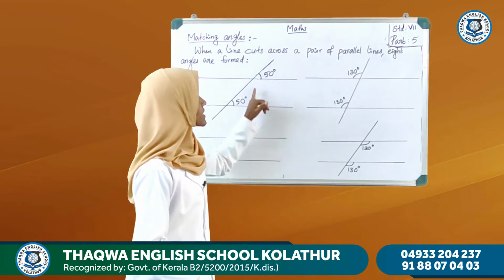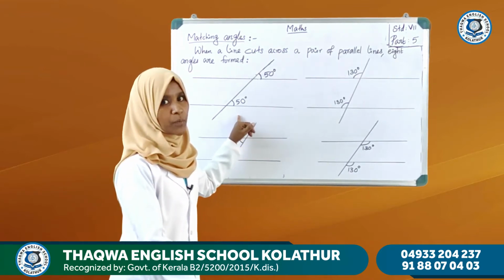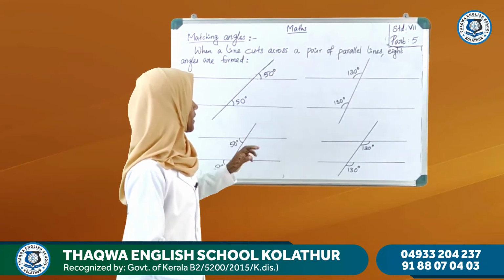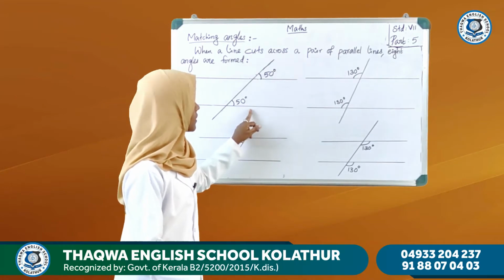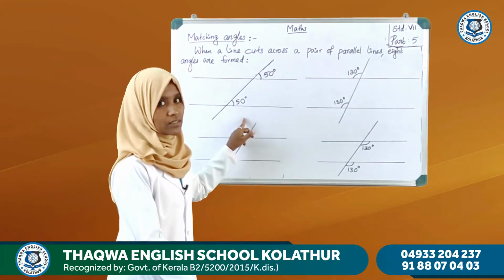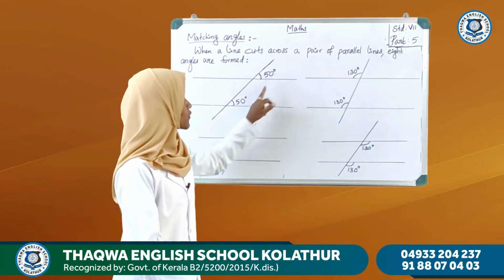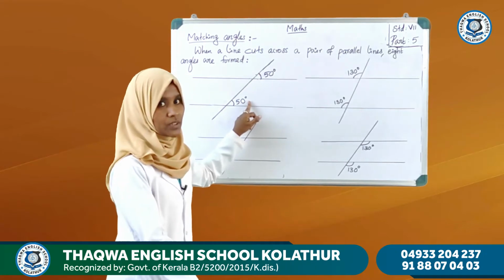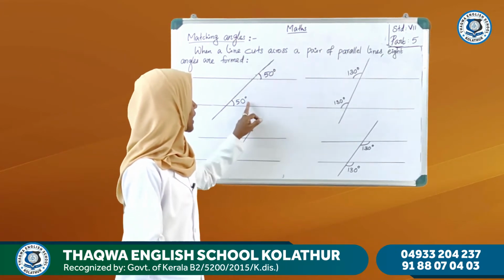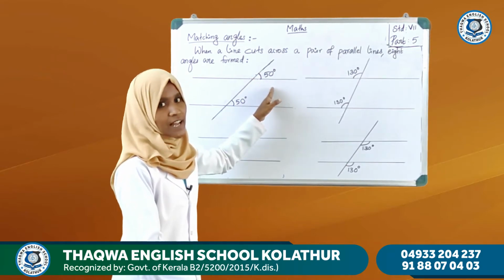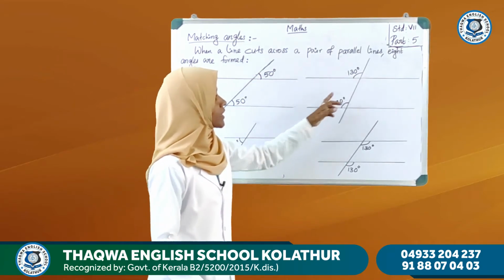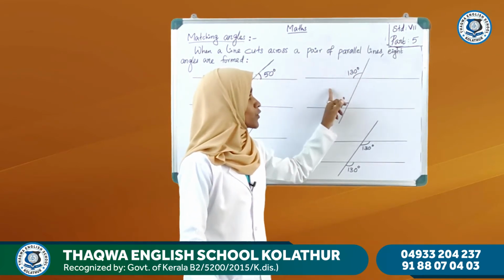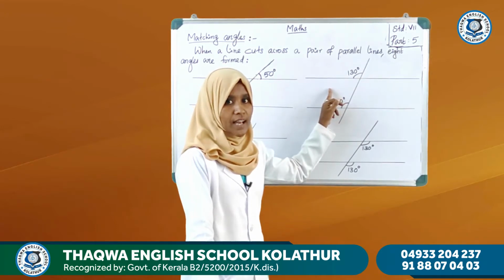Also these angles are in similar positions. Just listen. 50 degrees, this is a pair of angles. Where is the position of these angles? On the top of the horizontal line and right of the slanted line. Here, on the top of the horizontal line and left of the slanted line.